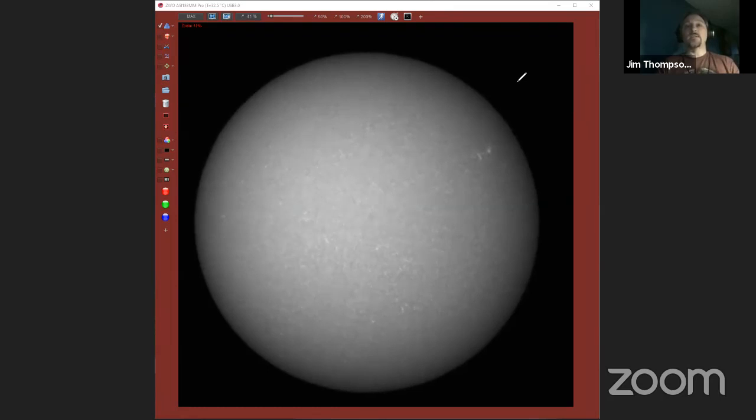The problem is that things are incredibly far apart in the universe. The closest star to ours is on the order of 6 light years, I think, 6 point something. So that means if you were able to travel at the speed of light, it would take you 6 years to get there.